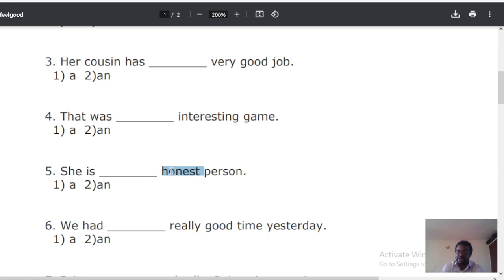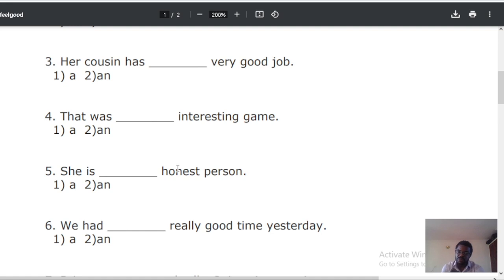So in this case, the answer is an honest person, and not a honest person. Okay, so don't get it mixed up. We are looking at the sound, and the sound of honest is the sound of O, which is a vowel sound.